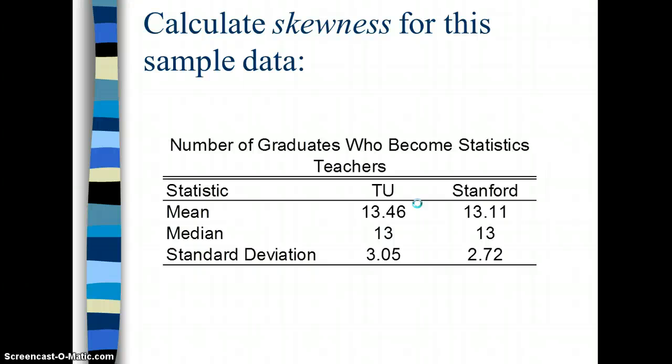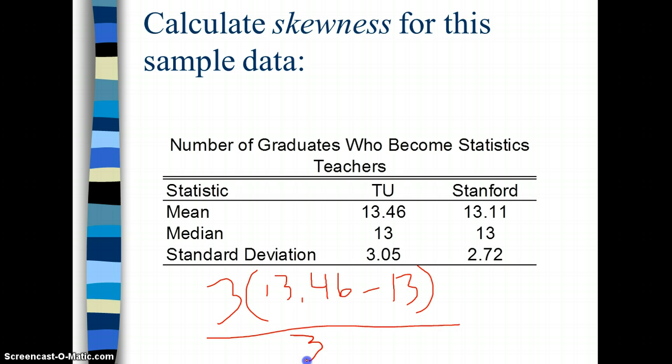And if we wanted to, for example, we could take the mean, 13.46, minus the median, times 3, divided by the standard deviation for this right here. And if we calculate that out, it will give us an indication of skewness. And we could compare it to the coefficient for skewness for the Stanford data.